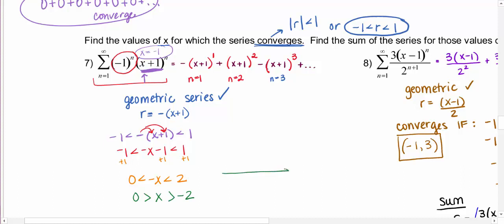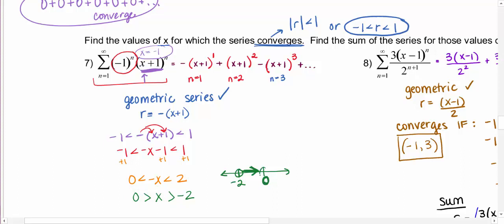And I would look at this on a number line. That might help you. So I have 0 and I have -2. And what it says, if you read it from the x, for example, it says x is greater than -2. Okay, so I'll draw that, greater than -2. And if you read it this way from the x, it says x is less than 0.